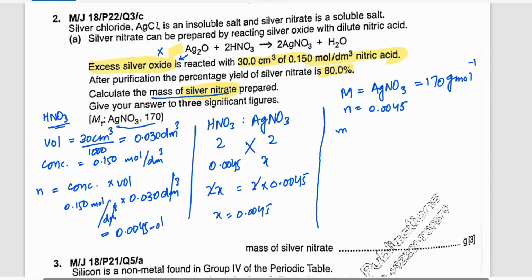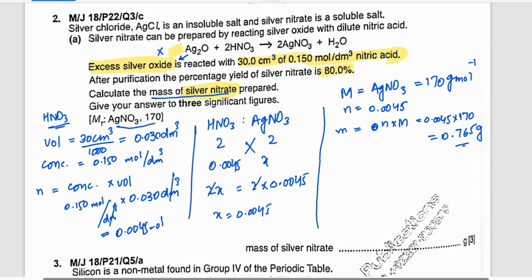Given mass. Given mass is equal to number of moles multiplied by molar mass, so 0.0045 multiplied by 170. What we get over here is 0.765 gram. This is the mass.